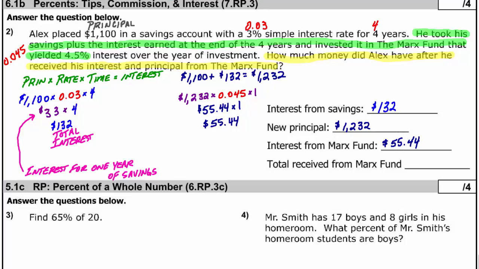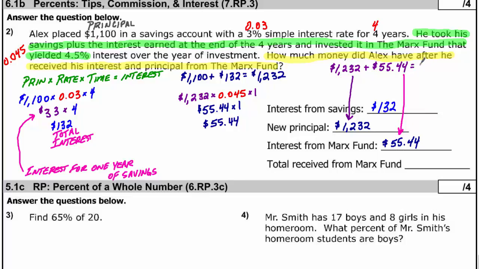What's in the account? Well, what's in the account is the $1,232 that he put in. That was his principal right here. That was his new principal, plus the $55.44 that he earned for the 1 year's worth of interest in the Marks Fund.